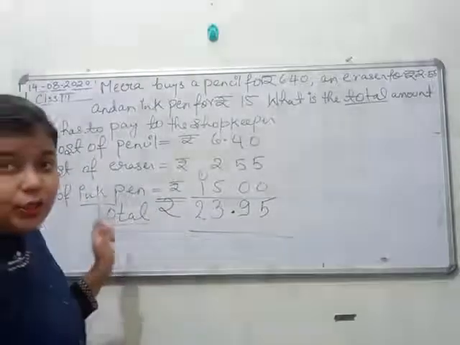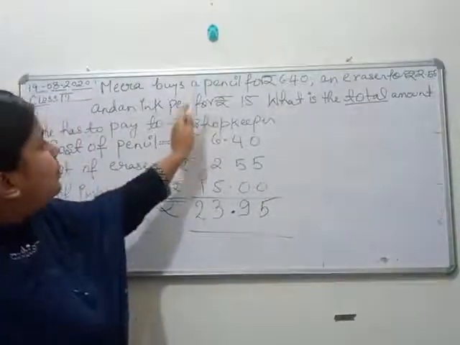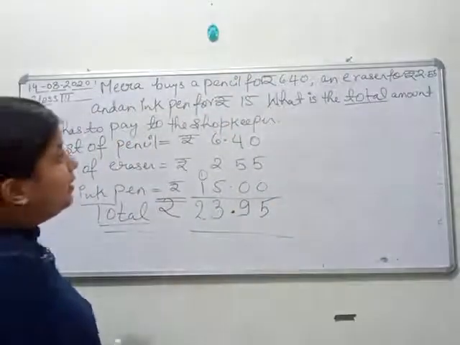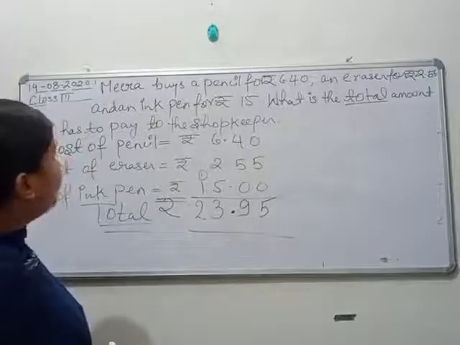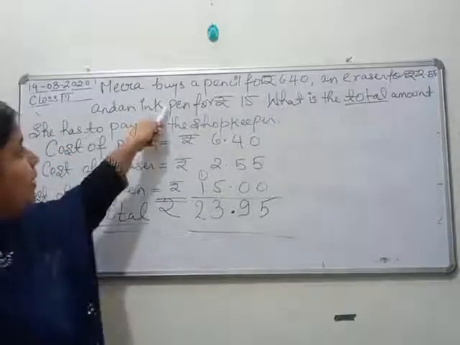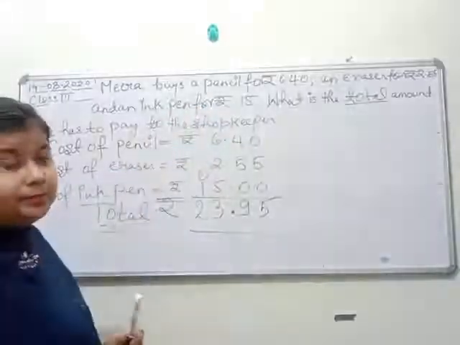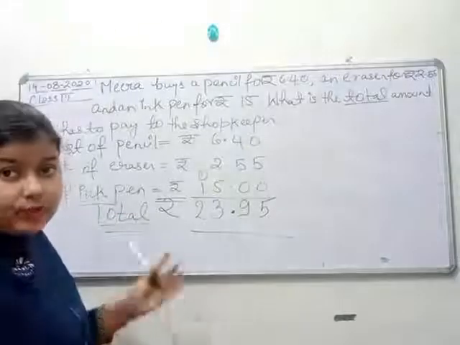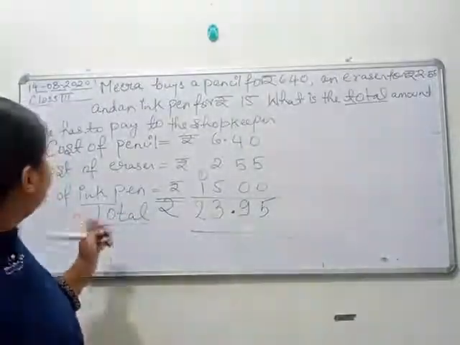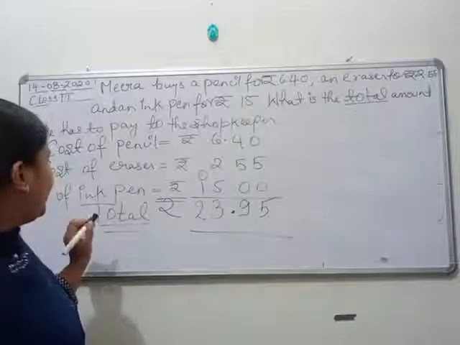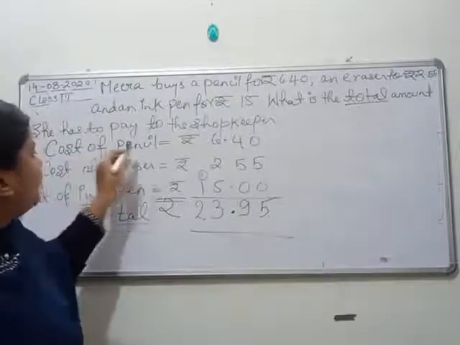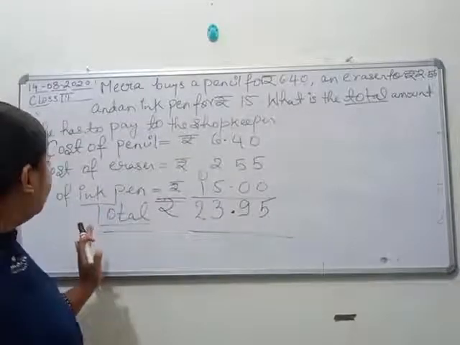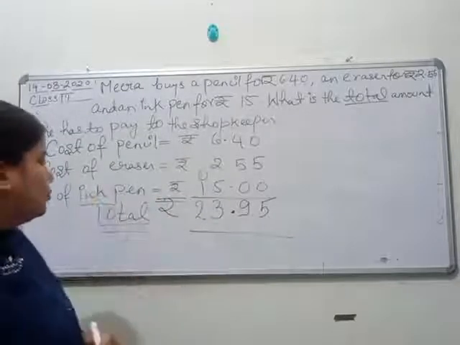See, our question was: Meera buys a pencil for rupees 6.40, an eraser for 2 rupees 55 paise and an ink pen for rupees 15. What is the total amount she has to pay to the shopkeeper? First we will write the statement: cost of pencil equals to, cost of eraser equals to, and cost of ink pen equals to.